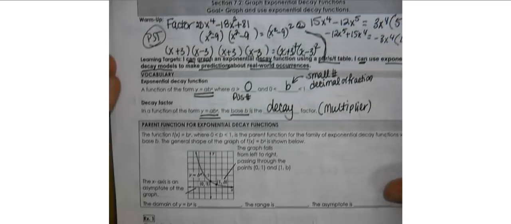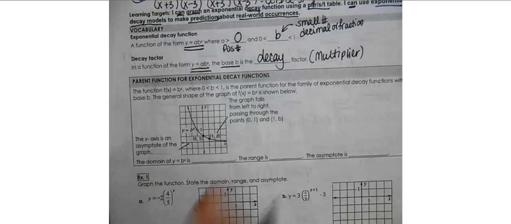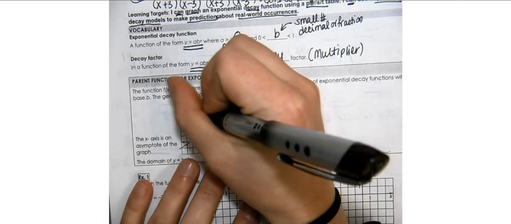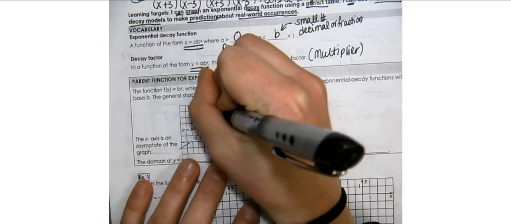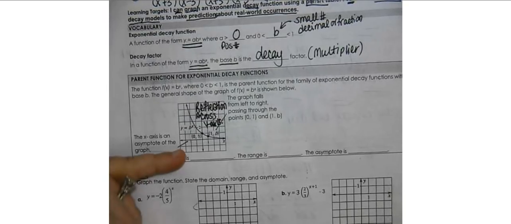So the parent function for an exponential decay graph is going to be a reflection of our exponential growth graph. The reflection this time is actually going to be a reflection across the y-axis. So in our last functions, we started where our flat part was on the negative side and then it increased going up.